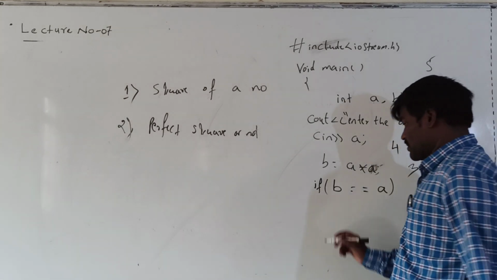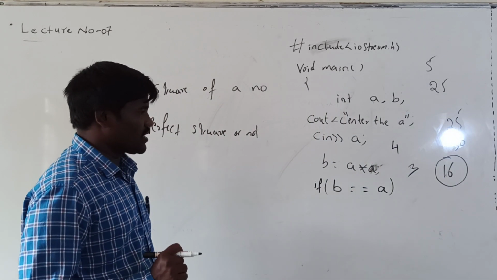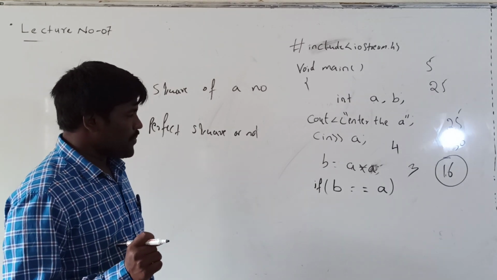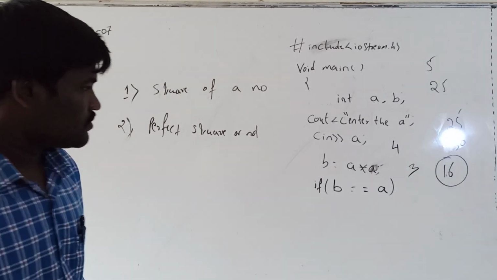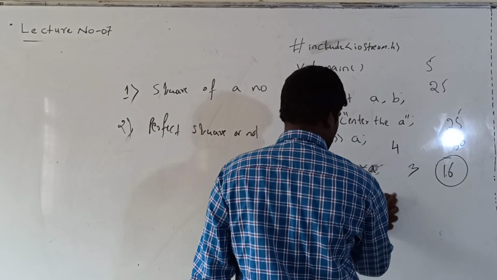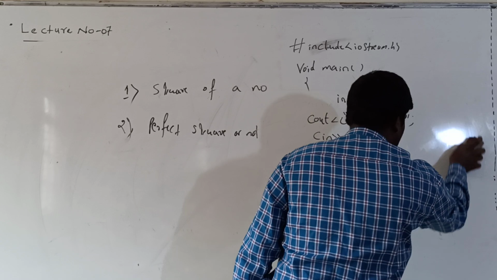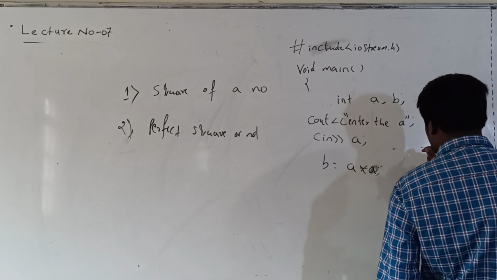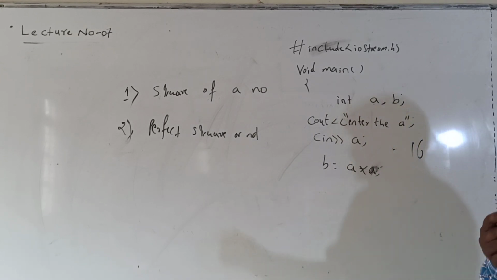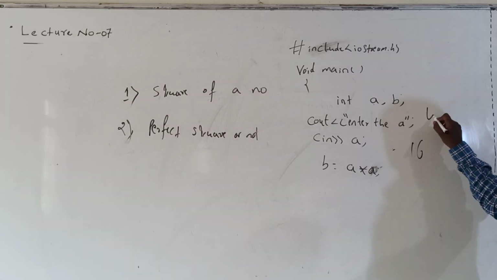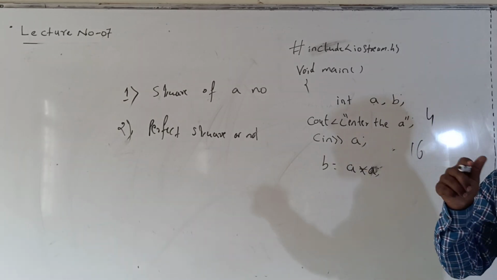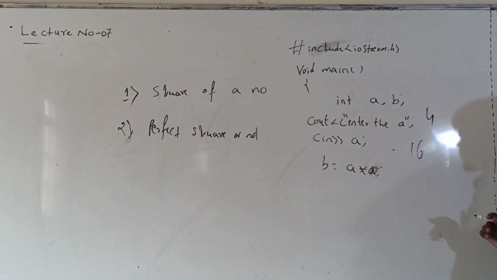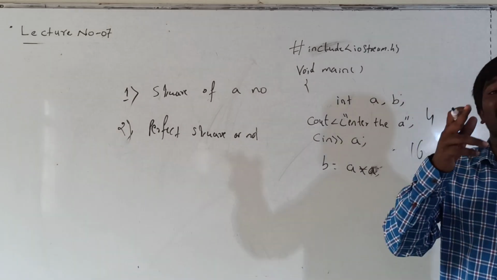Here b is equal to a means again the condition is false, which would mean it is not a perfect square. It will not work, because if you take the input value as 16 or 4, every time with the condition b is equal to a, it will give the wrong result.